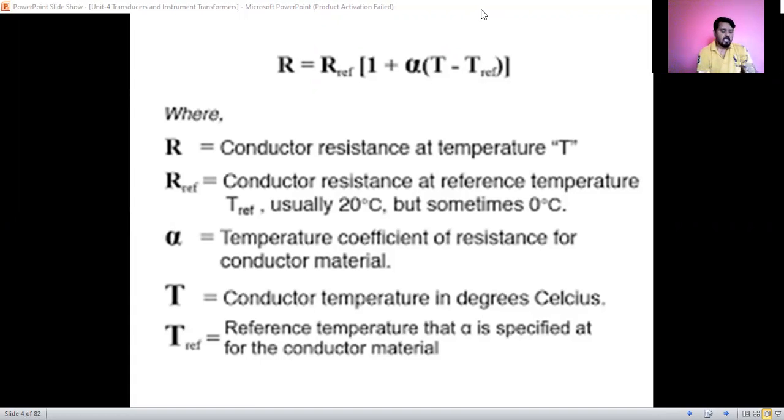So actually we are going to classify the materials of conductors into 3 types: metals, semiconductors and alloys. Metals means copper, aluminium, silver.